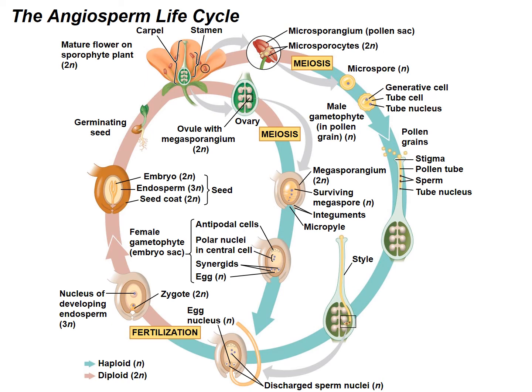Here, the embryo inside this seed is 2N, the endosperm nutritive tissue is 3N, triploid tissue, and the seed coat is 2N, derived from the integuments of the sporophyte tissue, of course 2N. The seed will germinate under optimal conditions, when conditions are suitable for this seed to germinate, giving rise to a small young seedling, and the seedling later on matures into the mature diploid sporophyte, the plant we see.